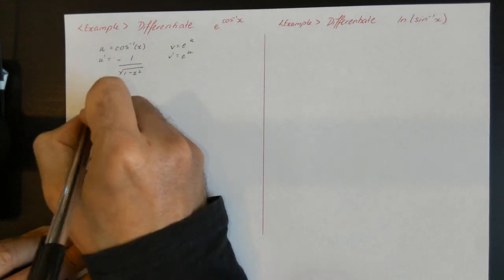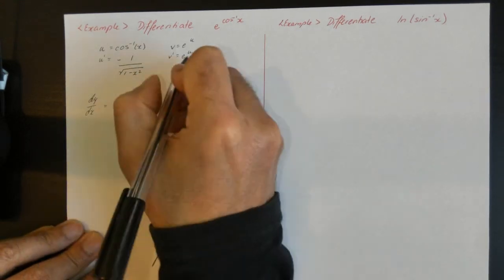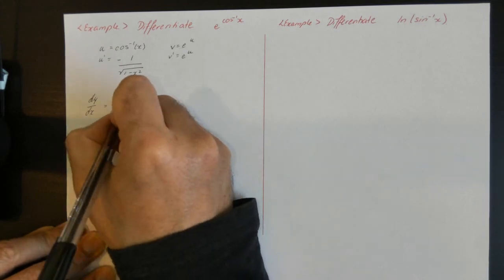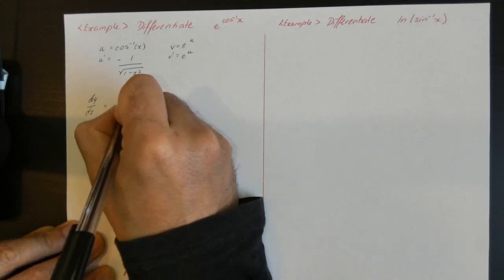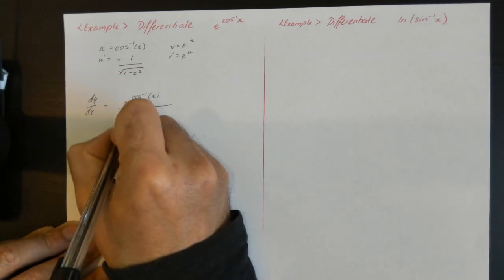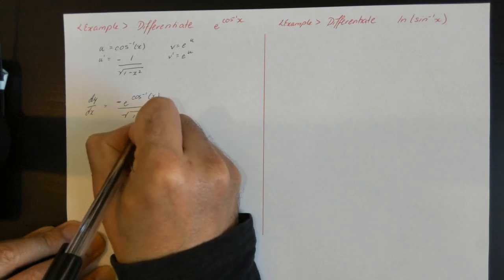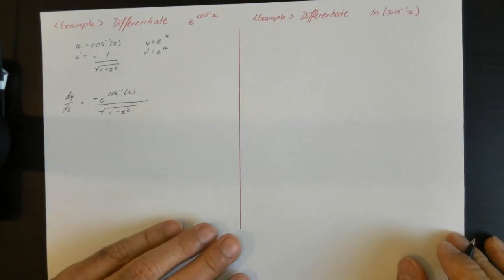It's a chain rule, so multiply them together. So e to the u goes on the top, but u is arc cos x. And there's your answer.